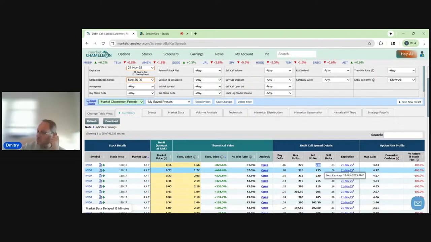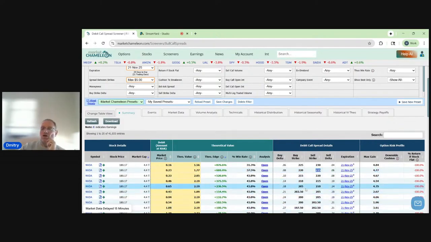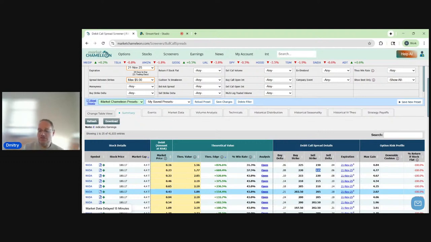In the same month, you could do the 220 strike against the 225 strike, and so on. The distance between strikes could also be different. Here's a 202.5 strike versus a 205 strike, so there's a 2.5 strike difference.